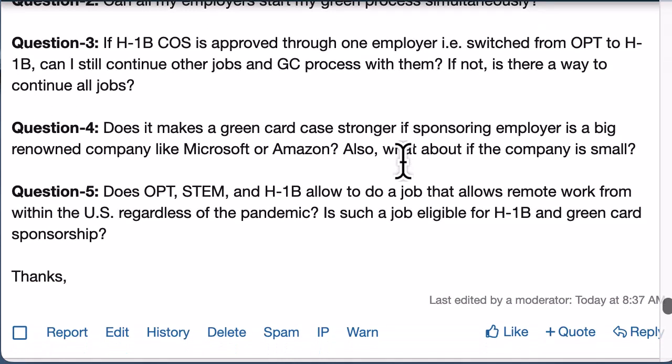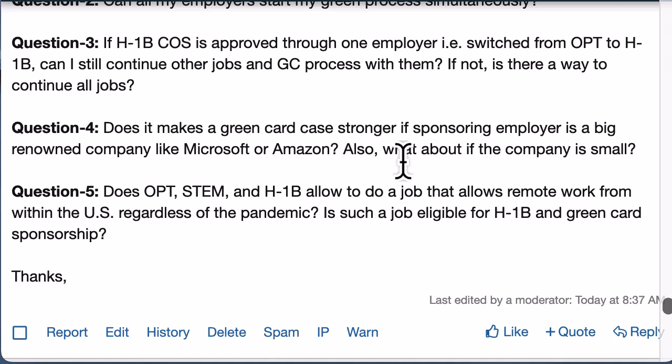Can I work remotely? Remote work is possible for OPT, STEM, H-1B, and green card jobs. All of them have their issues. For example, STEM OPT requirements are more restrictive. Government, USCIS and ICE had given exceptions to people during the COVID times to work remotely as long as they could be supervised, or there was a branch of the company where they were being supervised.